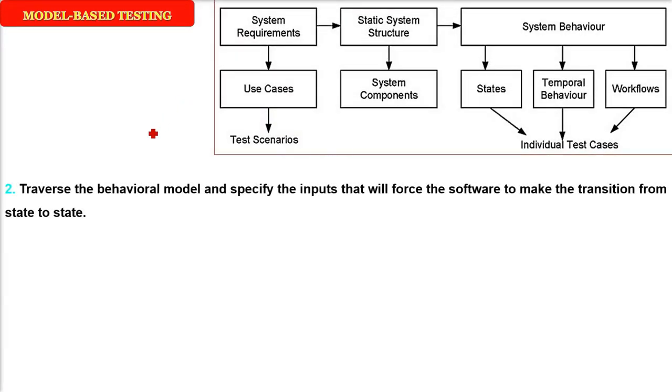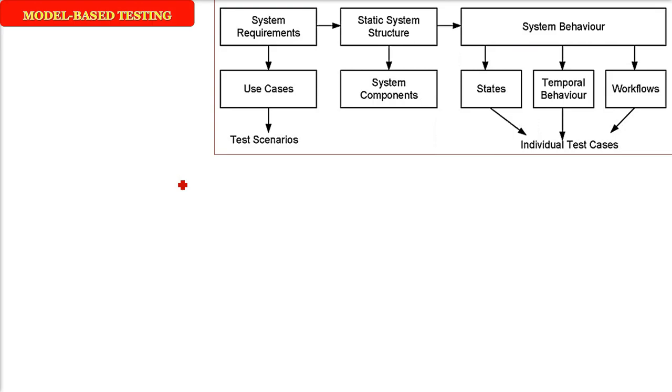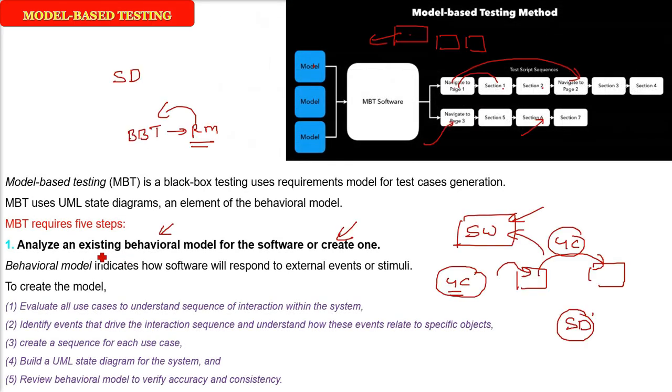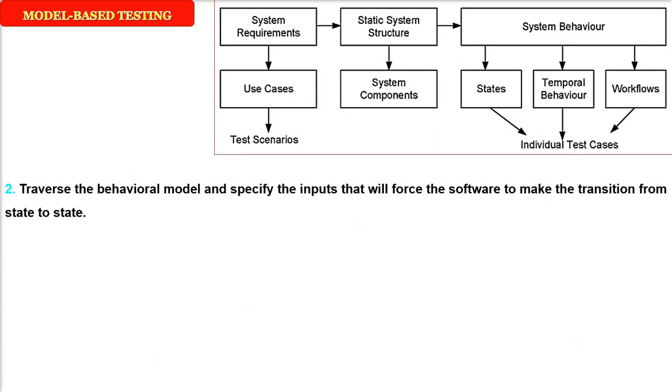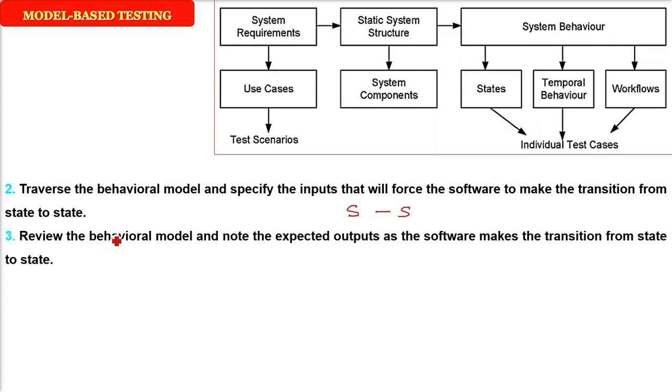The second step is what? Because we have already made the behavioral model, and as I said, the state diagram is the basis. We have to traverse this behavioral model and specify the inputs that will change the software from state to state, or transit it from state to state.